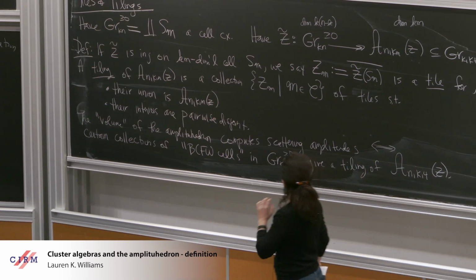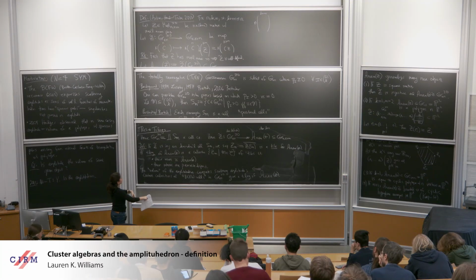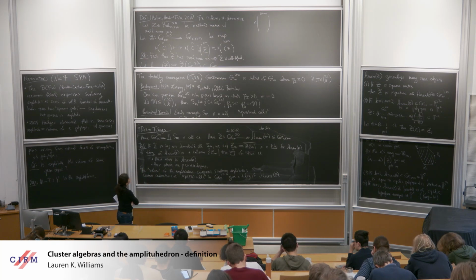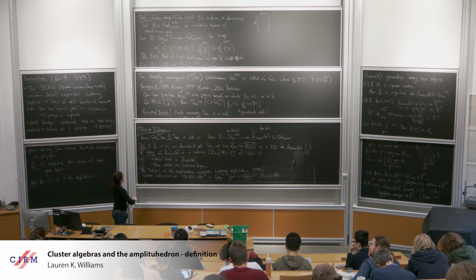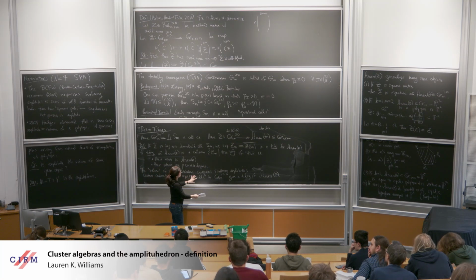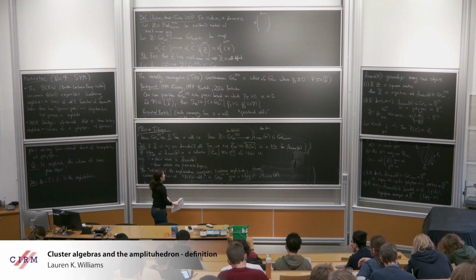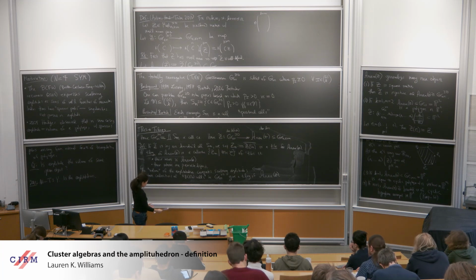More or less this statement appeared in the first paper of Arkani-Hamed and Trnka. Basically, the reason the amplituhedron was the right thing boils down to the conjectural statement that certain distinguished collections of cells in the TNN Grassmannian give a tiling of the amplituhedron. And in that first paper, they conjecture that there are many different tilings of the amplituhedron.